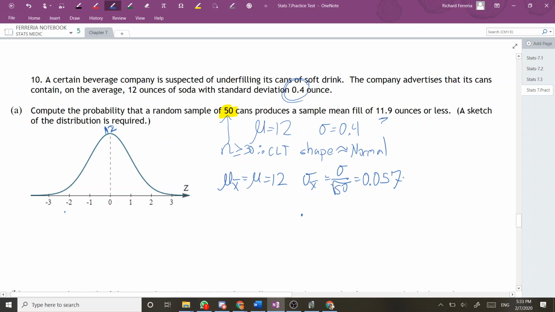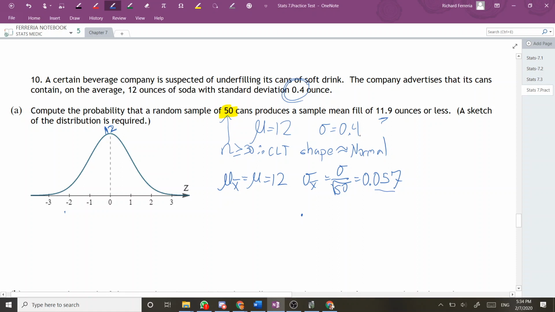Now, our standard deviation was given at 1 decimal place, so we could make this 0.06 or 0.057. I'm just going to leave it as 0.057. I feel more comfortable with that number. Just having one significant figure feels kind of weird, so we'll keep it at 2 significant figures.